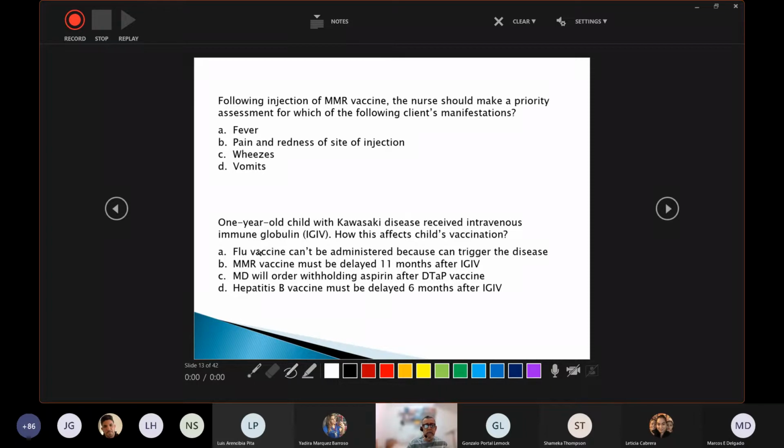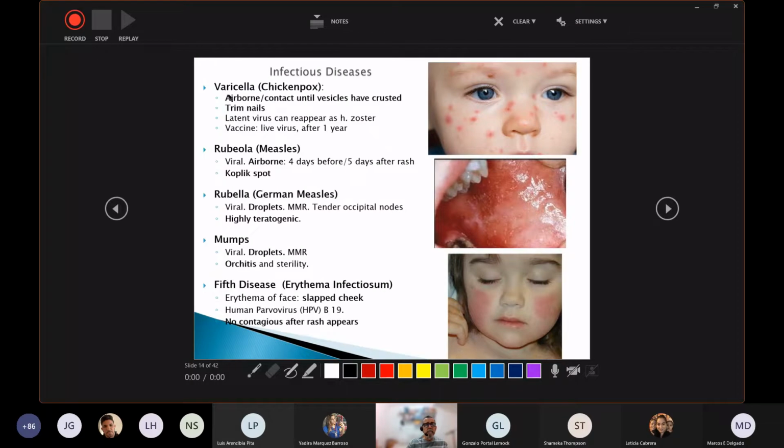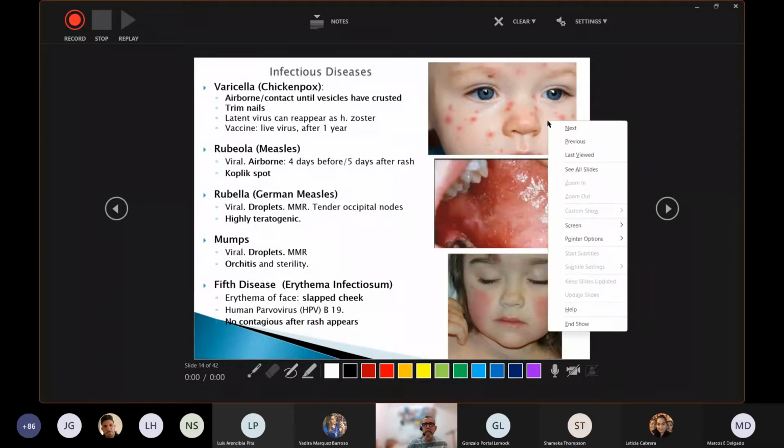So this answer is not correct for that reason: first, because they don't say that the client is receiving aspirin at this moment, and second, because the flu vaccine doesn't trigger Kawasaki. So remember that sometimes the questions are a little more tricky, and you need to be careful with that.